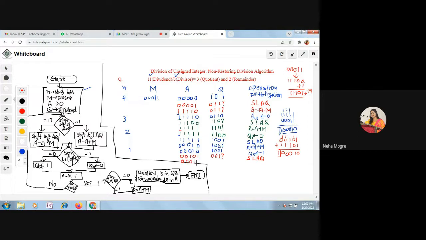1 0. Okay, and 0 0 1. So you have performed here A equals A minus M. Right?